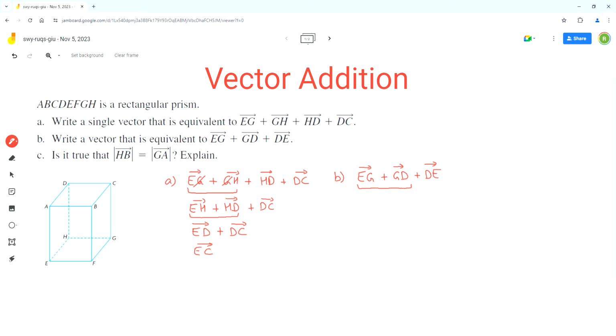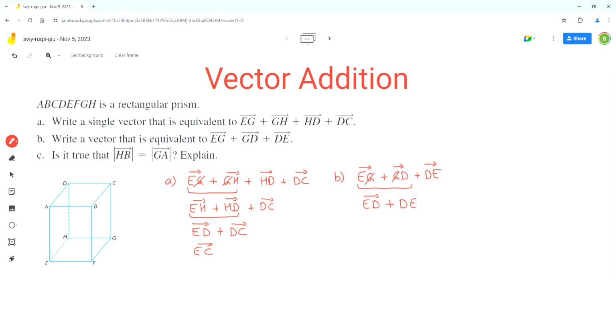In the first vector EG we go from E to G, and then in the second vector we go from G to D. So when we add these two vectors we go from E to D. So the sum of these two vectors is vector ED. The G's get cancelled out.